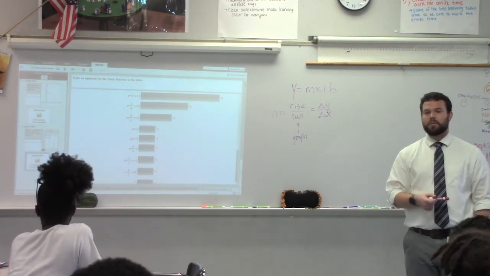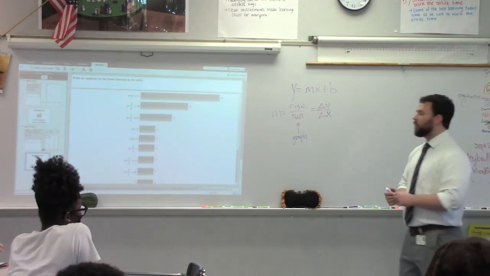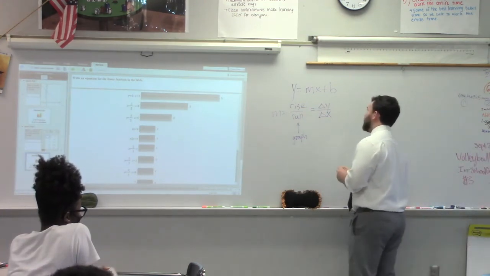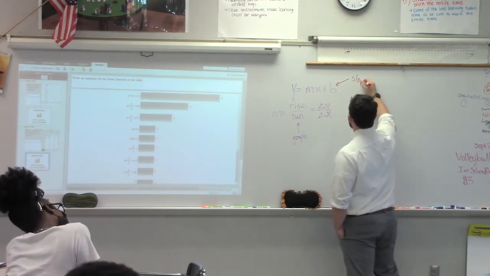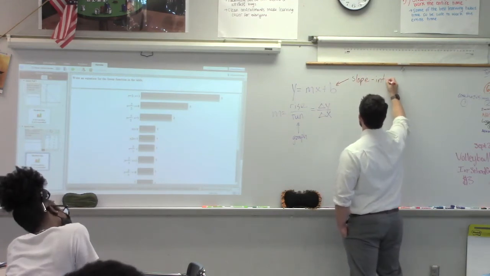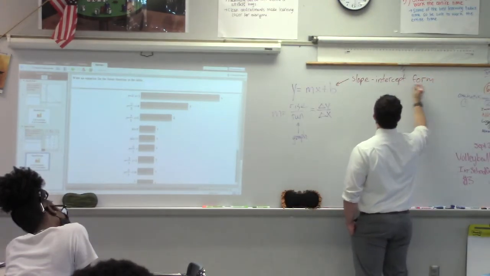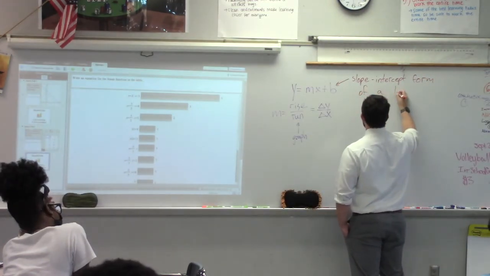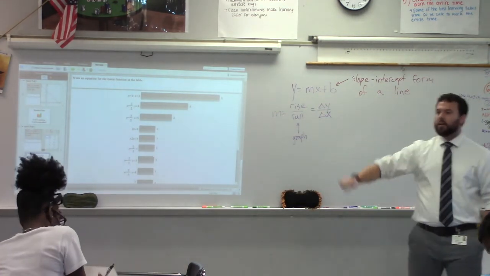The slope-intercept form. There are other forms of equations of lines, but you won't study those until you get into Algebra 1. This is the slope-intercept form of a line. So if I ask you for an equation of a line, bam, there it is.